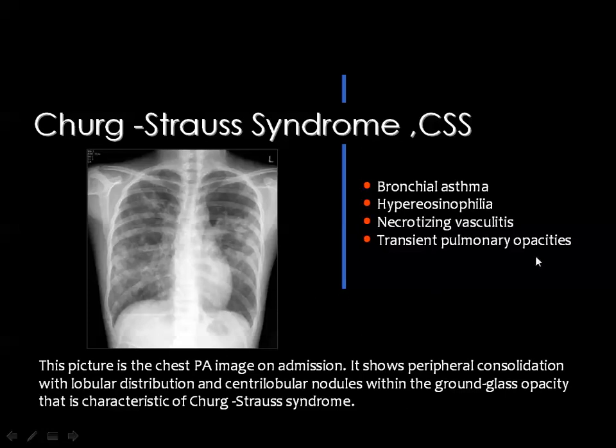To diagnose Churg-Strauss disease, you need to know that the patient has bronchial asthma which started in adult age, and you should know that he has hypereosinophilia, and the pulmonary opacities are characteristically transient, meaning that these opacities are fleeting. They appear here in the chest radiograph. In the follow-up radiograph, they are located here with total resolution of this lesion and so on.